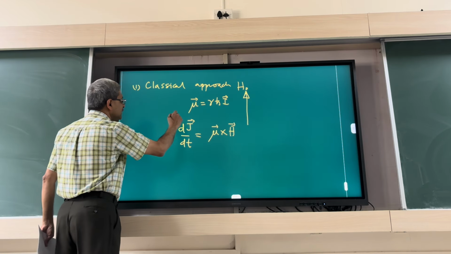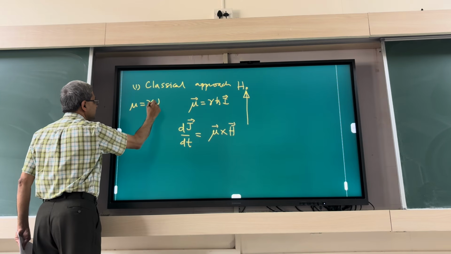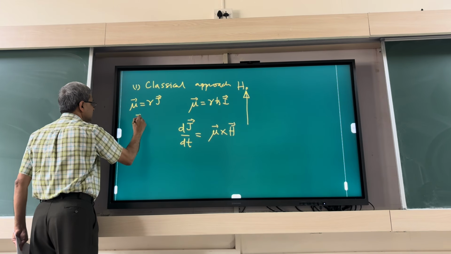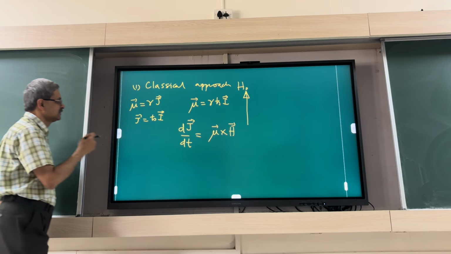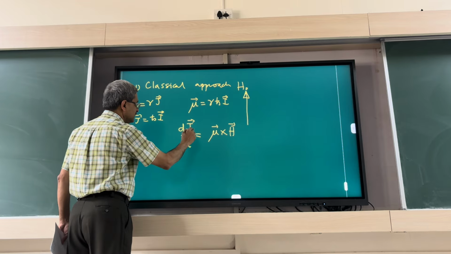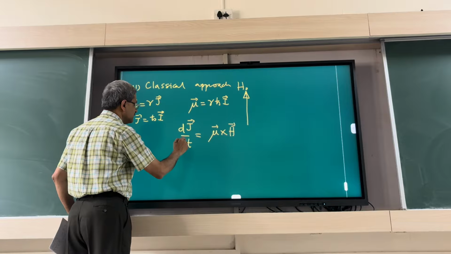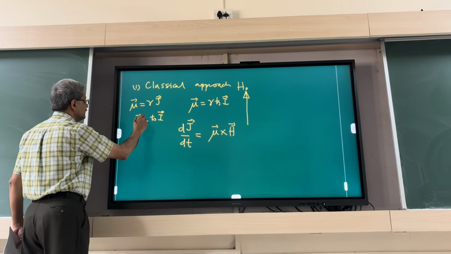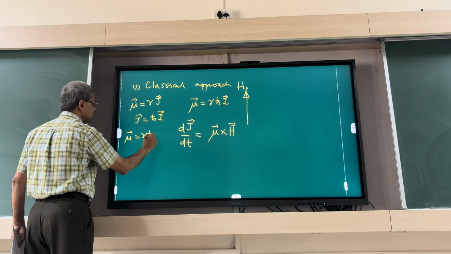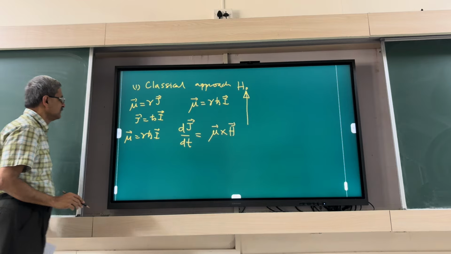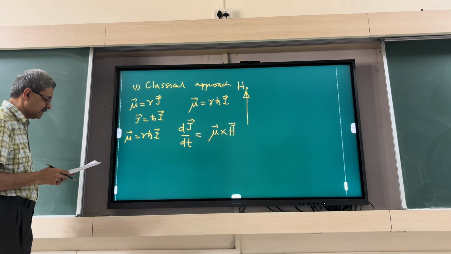So remember, mu is gamma J, and J is h bar I. So mu is gamma h bar I. Okay, and so we can rewrite this in terms of gamma.